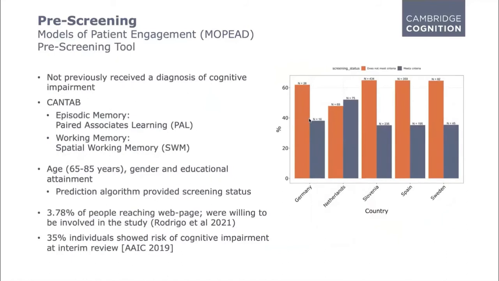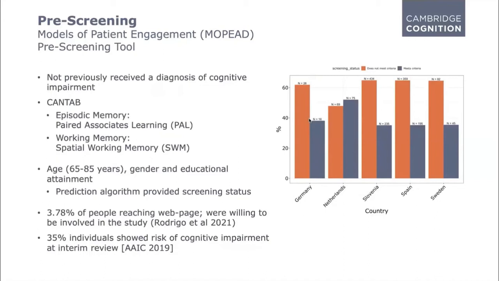So what did the pre-screening tool look like? To be eligible for inclusion, individuals had to be over the age of 65 and without a previous diagnosis of dementia or Alzheimer's disease, and also were willing to share their demographic information, performing 2 tests, a test of episodic memory and a test of working memory, being our paired associates learning task and our spatial working memory task.